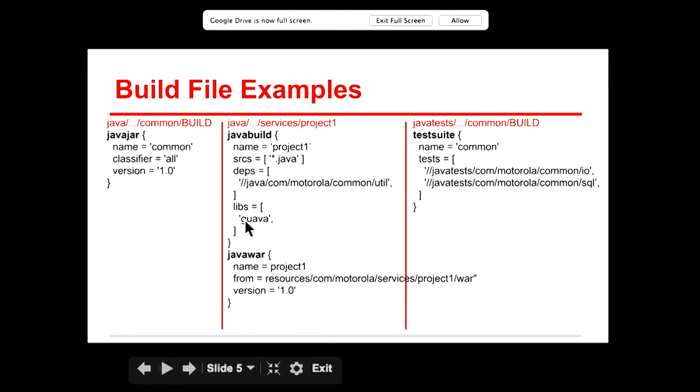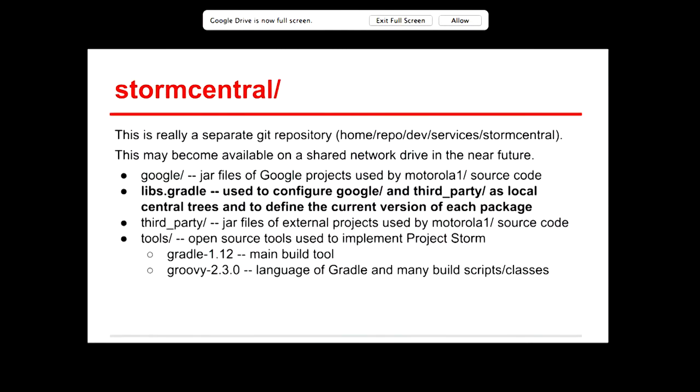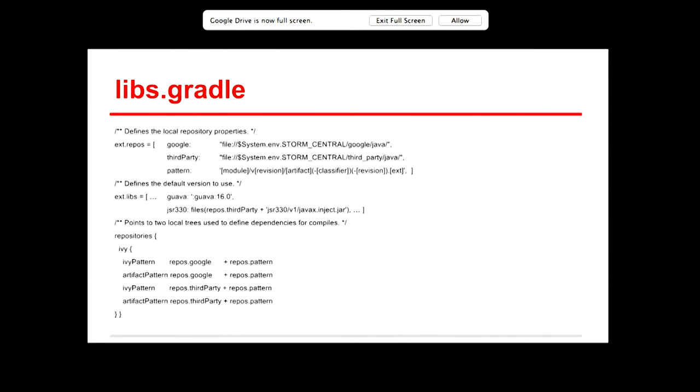You just bring in Guava. So we have short names for every single third-party package out there. Commons IO, Commons Lang, Guava, GAE support. We have short names for everything. All the packages use short names, and they're all resolved through this libs.gradle, which defines everything.